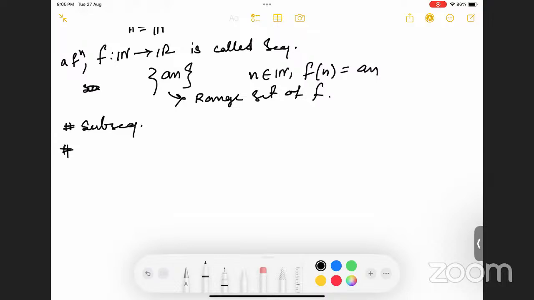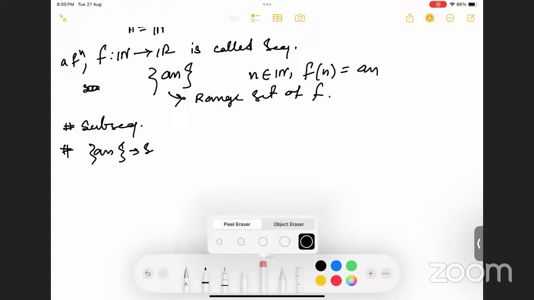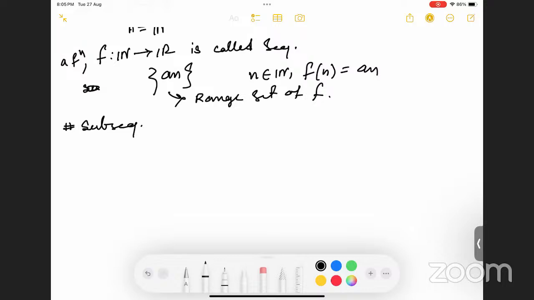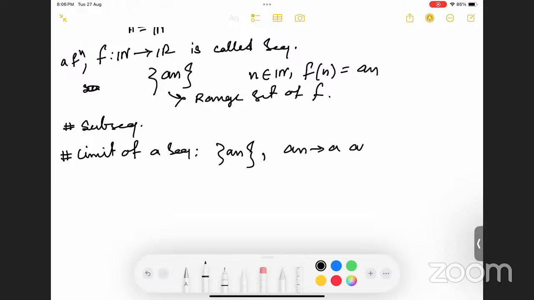One more result. Let us talk about limit first. If we have a sequence, then we can define the limit of the sequence. If a_n tends to a as n tends to infinity, then we say that a is the limit of the sequence.